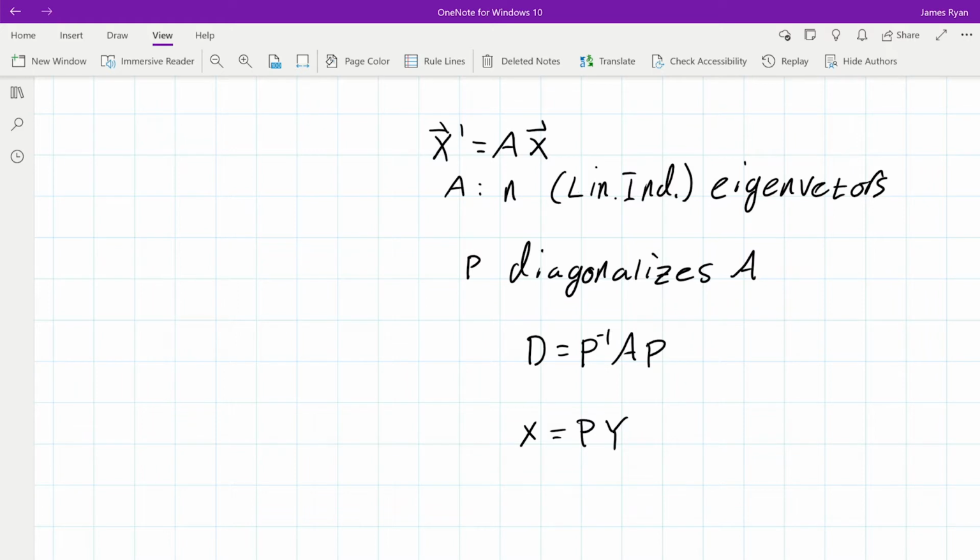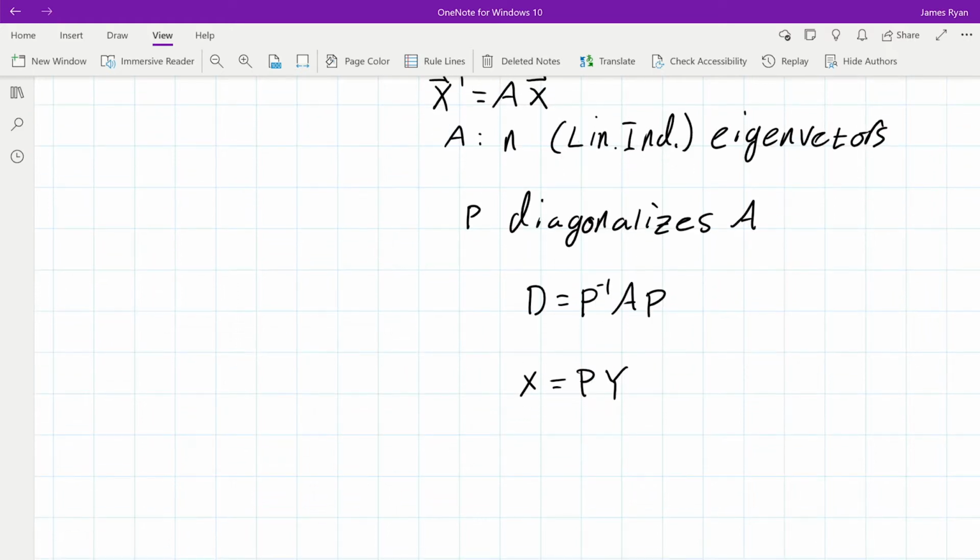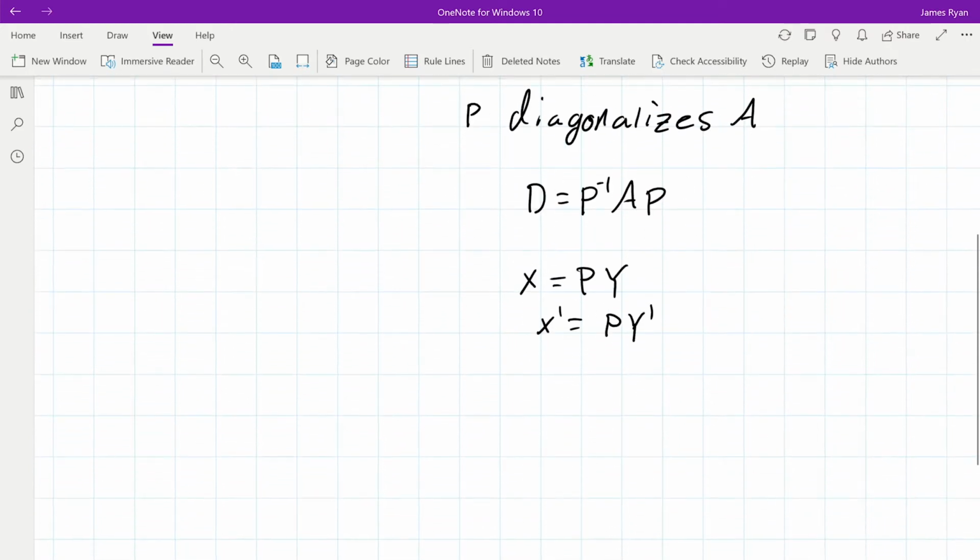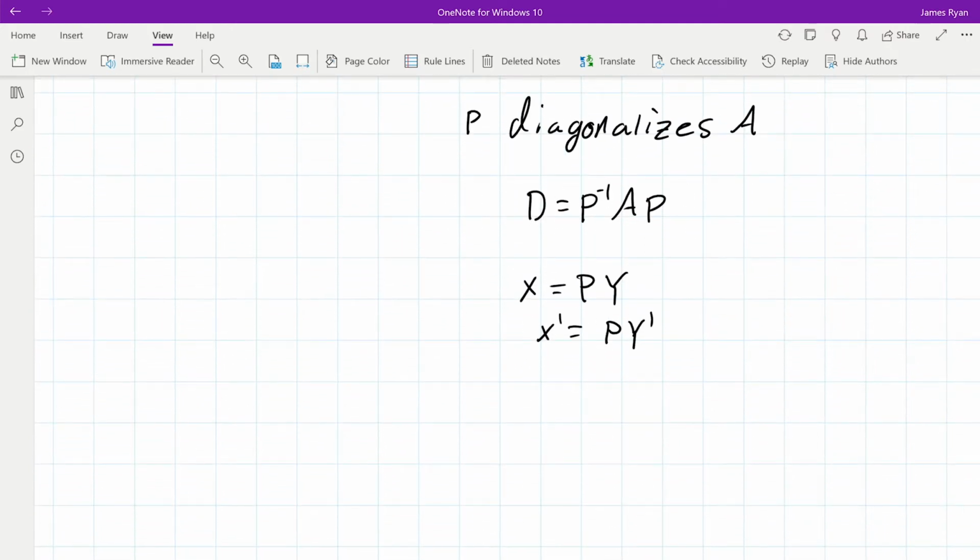If x is equal to Py, let's substitute that in. Then x prime will be Py prime. And so this system of equations now becomes Py prime is A P y.